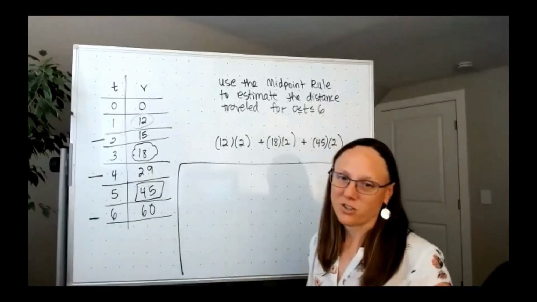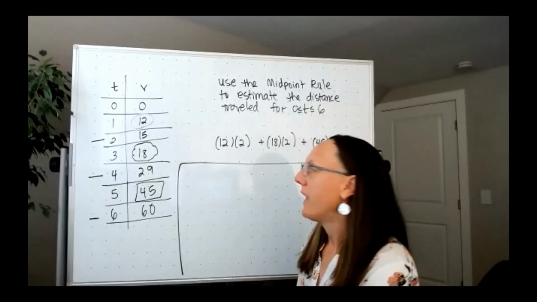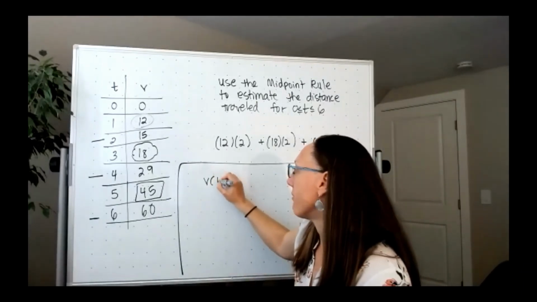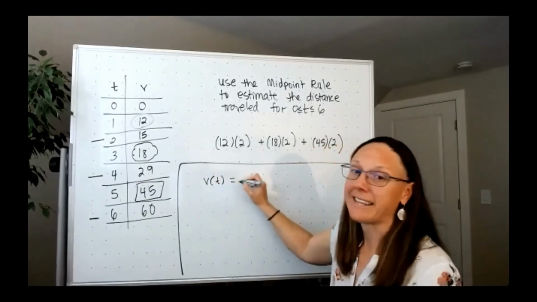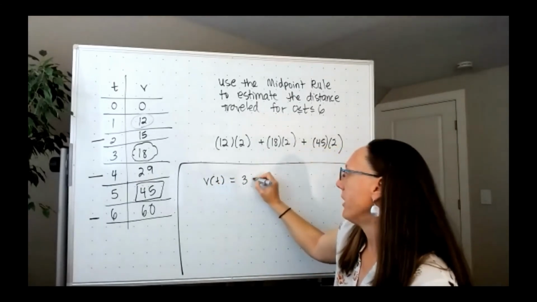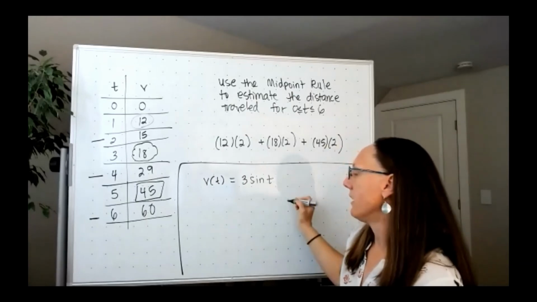But if we were just told to use the midpoint rule and we were given a velocity function, so let's say that I gave us a velocity function of, I don't know, 3 sine of t.